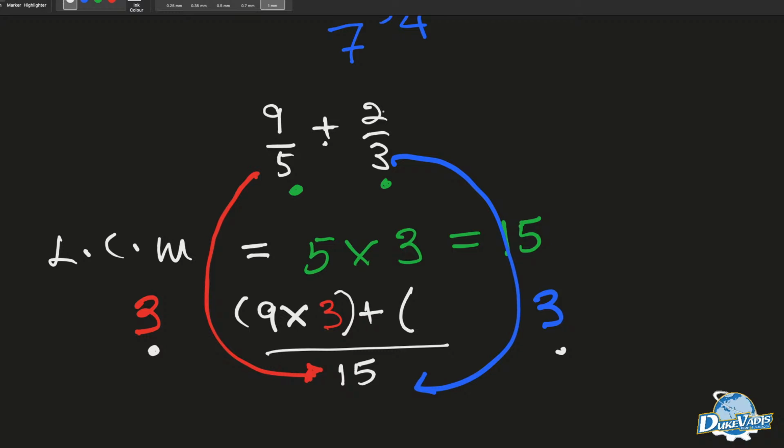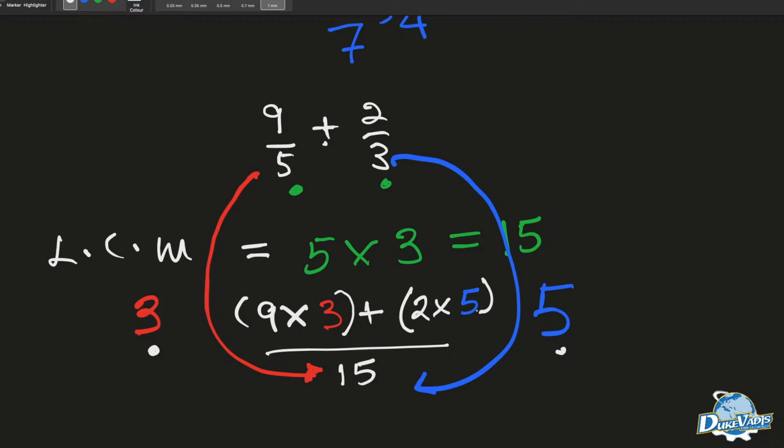There's a 2 here, and the 3 goes into 15 5 times. So we say 2 multiplied by 5, and then we close the bracket.